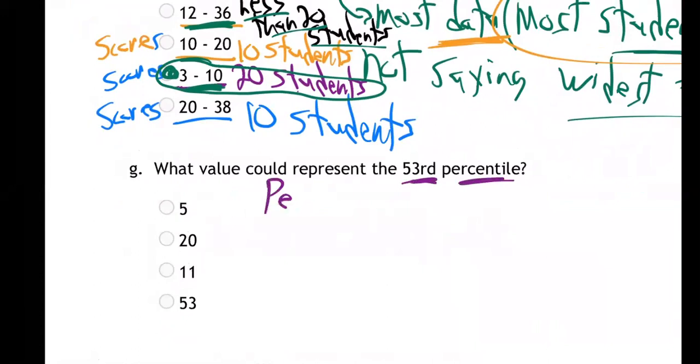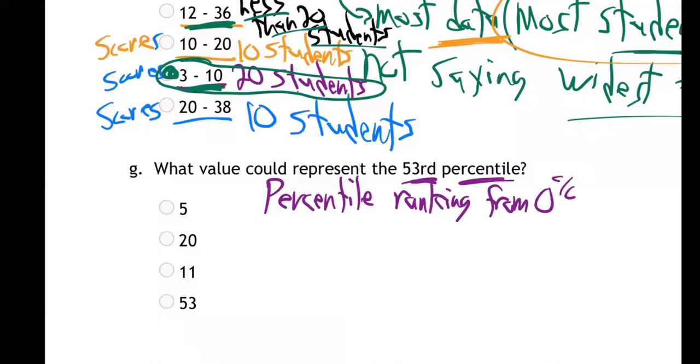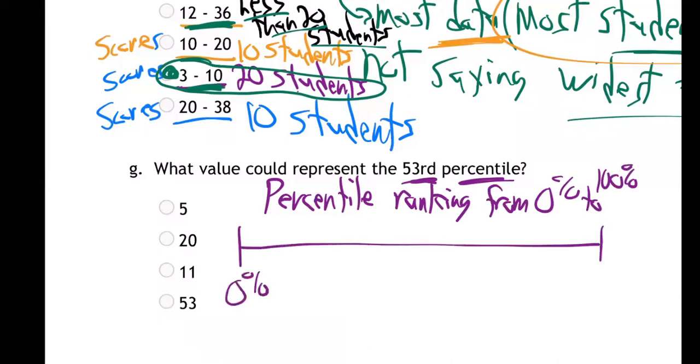A percentile is a ranking from 0% to 100%. So in other words, you go from 0% to 100%, and we're going to rank all the students on how they did on the quiz.